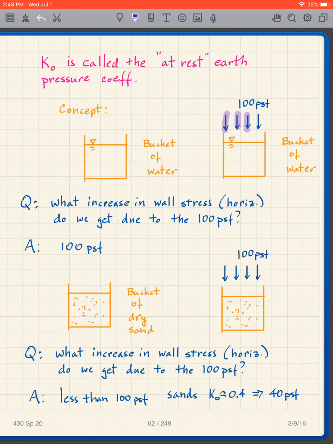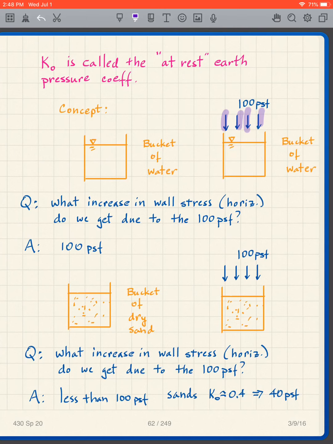And now I'm going to ask the question, what does the wall feel? How much of that 100 psf gets translated to the wall? That's my question for you.